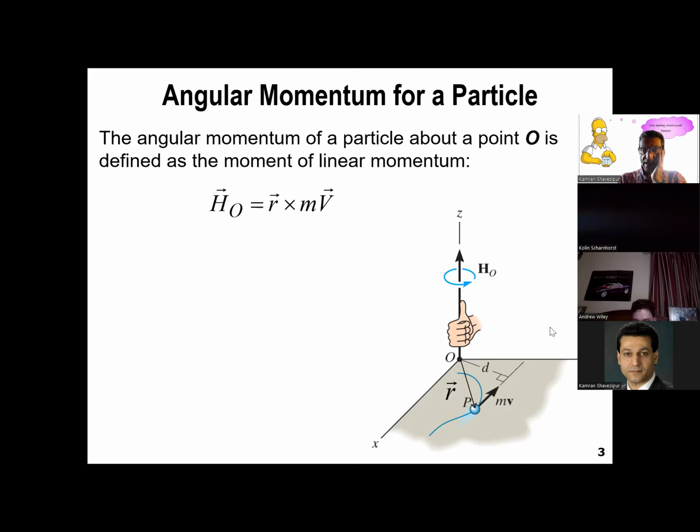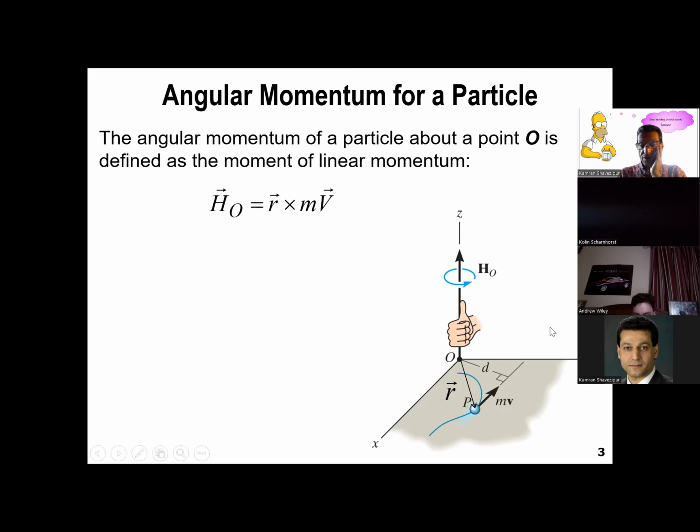Similar to the way that we calculate the moment of a force. How do we calculate the moment of a force? Let me switch to the tablet so I can explain this better.